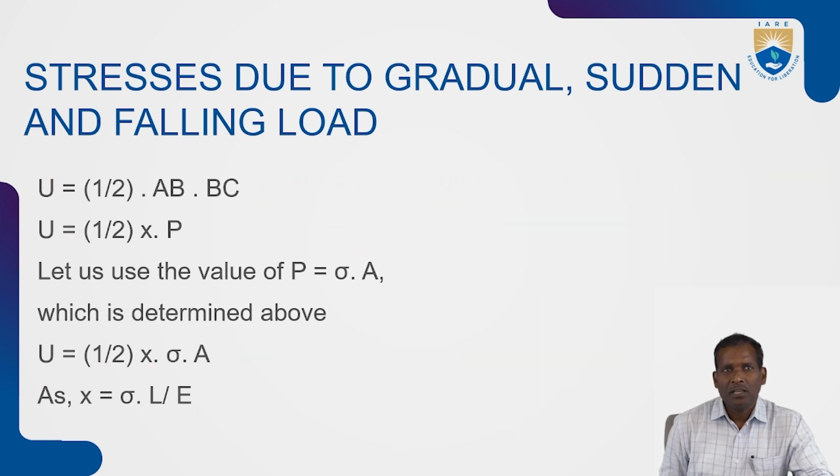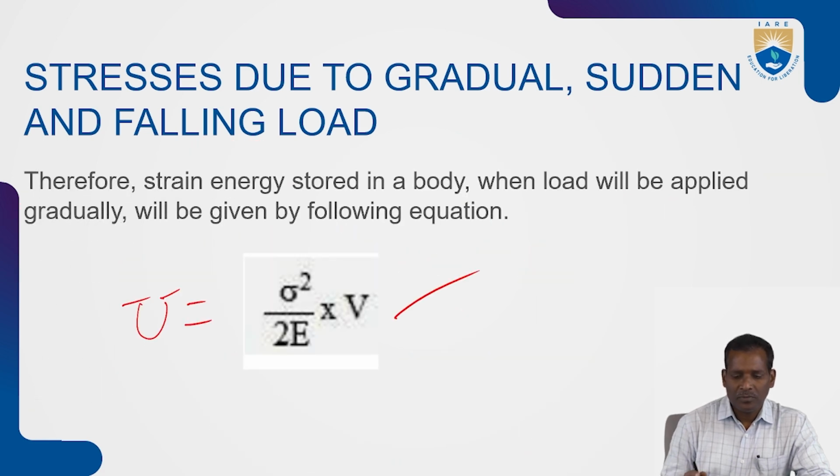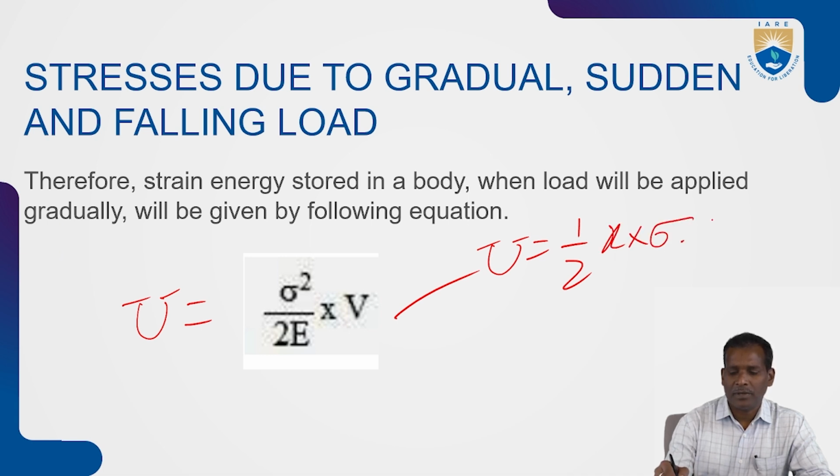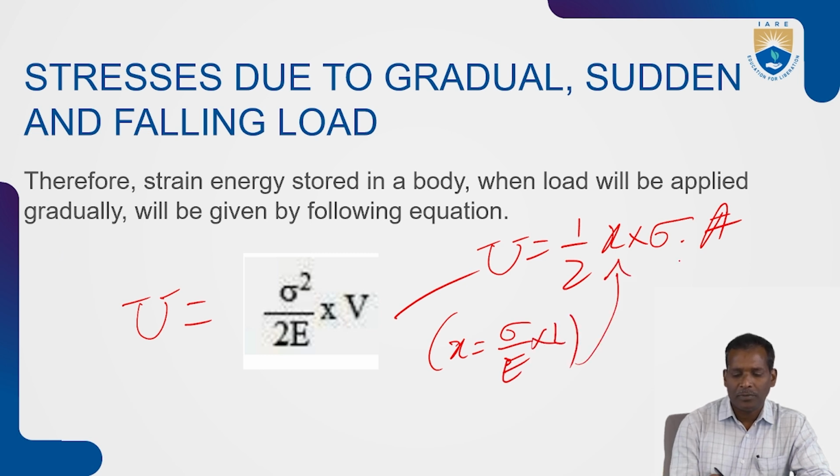So actually U is equal to half multiplied with X multiplied with P. P is equal to sigma into A, but X is equal to delta L, that is sigma by E into L. Now substitute into the above equation.